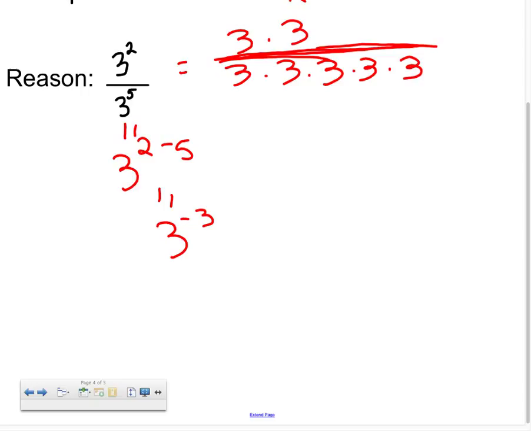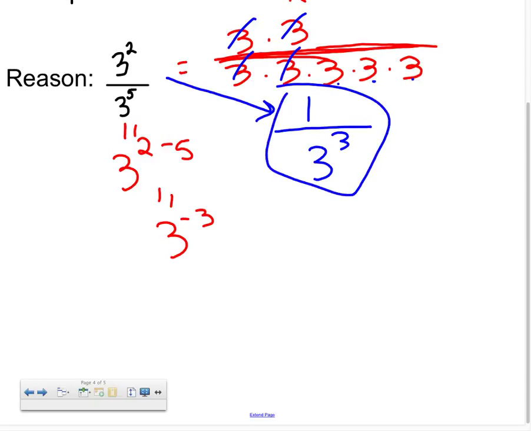Well, if we do what fractions do, and that is cancel things that are the same, those 3s cancel, those 3s cancel, so I'm left with a 1 on top, because remember, I don't cancel to make a 0, I cancel to make a 1. So I have a 1 on top, and I have three 3s on bottom, or I have 3 cubed, because three 3s is 3 cubed. So this is also equal to 1 over 3 cubed.